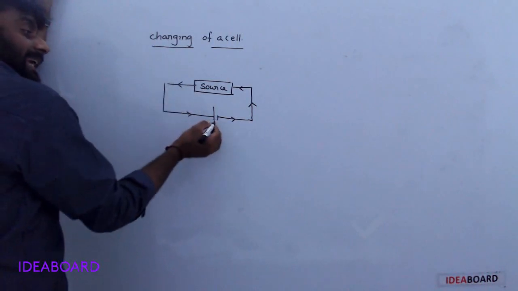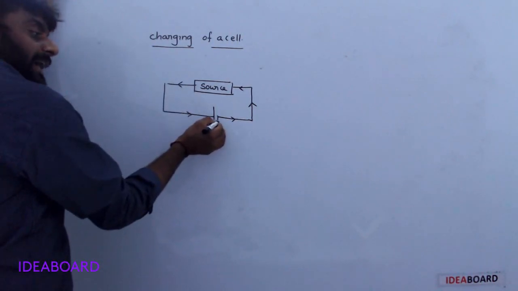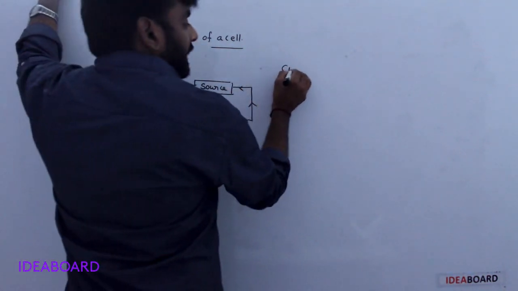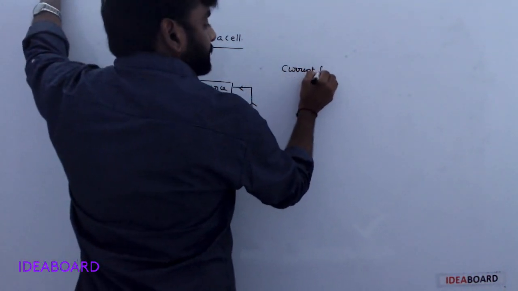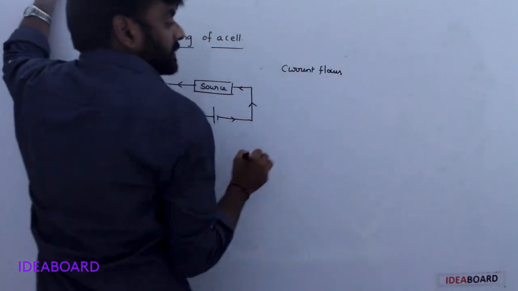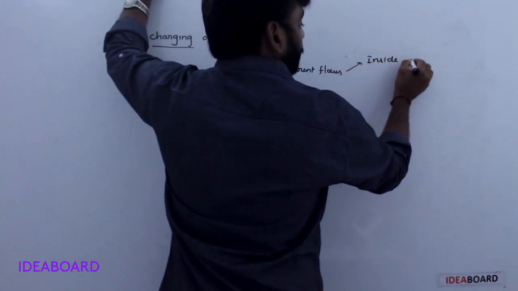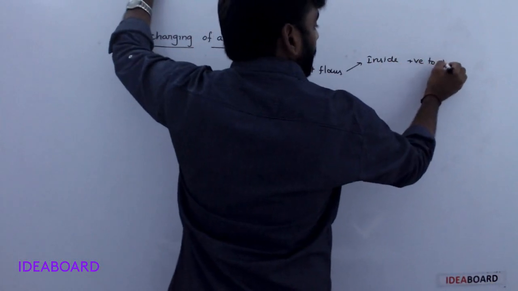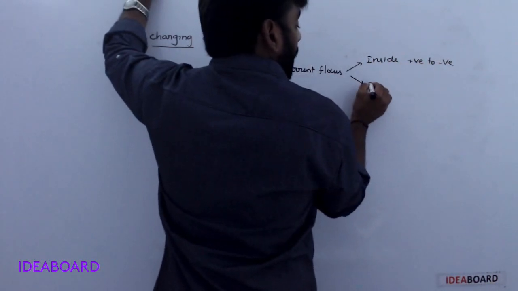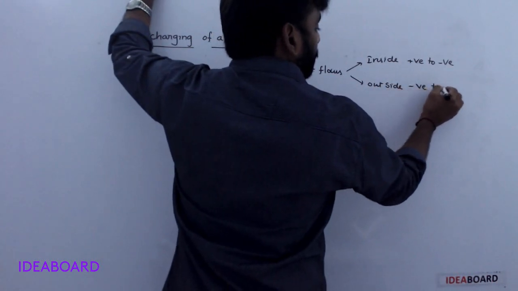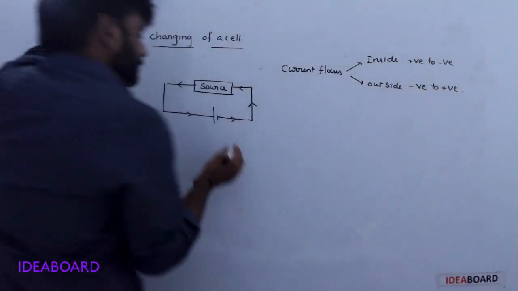Current flows inside from positive to negative plate, and outside from negative to positive plate.